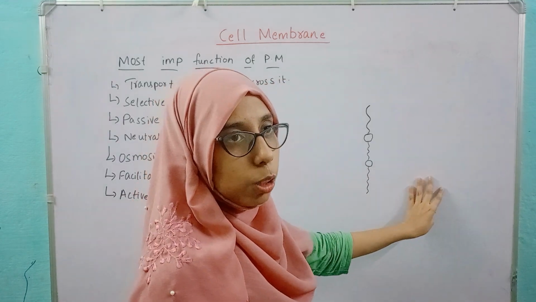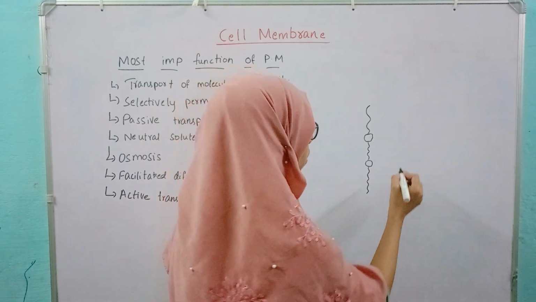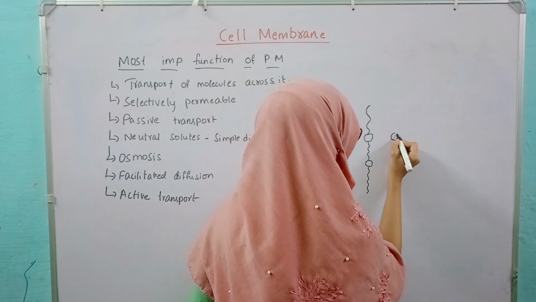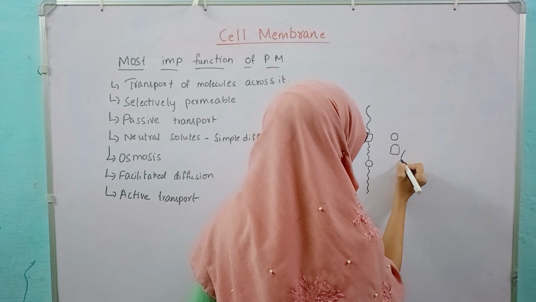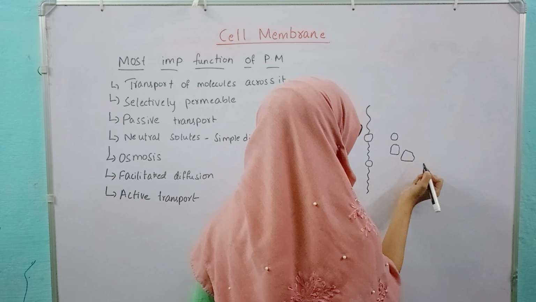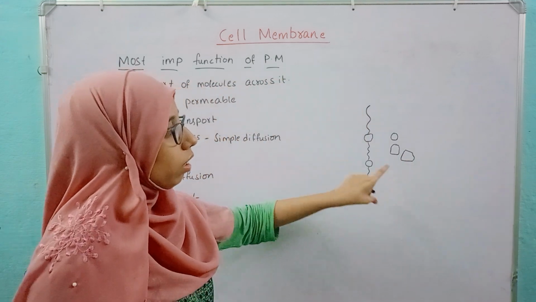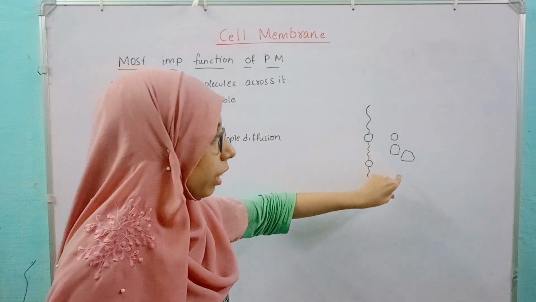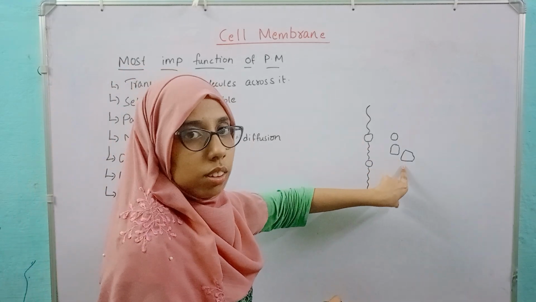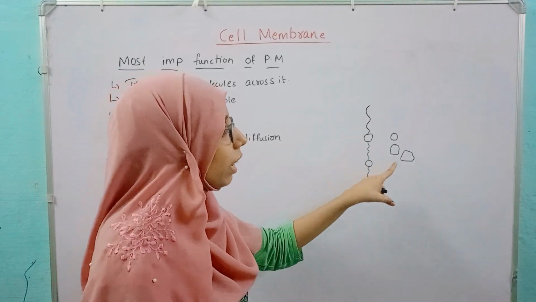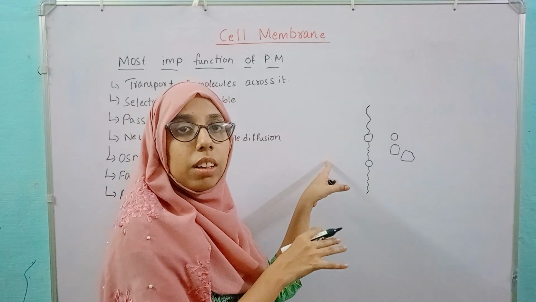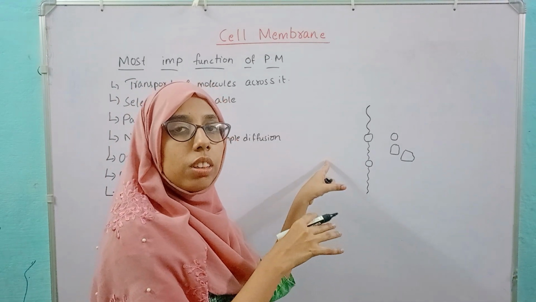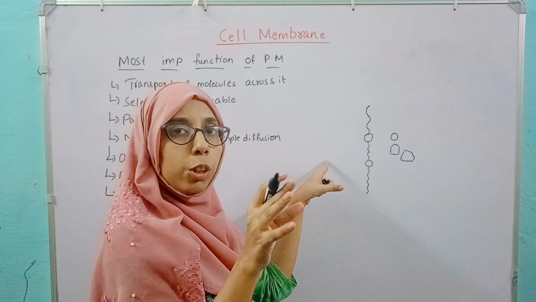Different types of molecules may be present outside the cell. So the plasma membrane will select which molecules are required by the cell and allow them to pass through. That's why we call the plasma membrane selectively permeable.